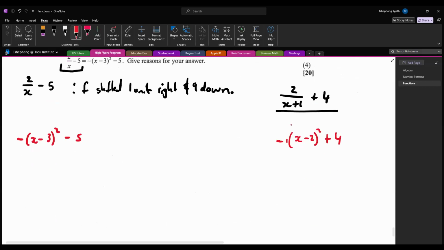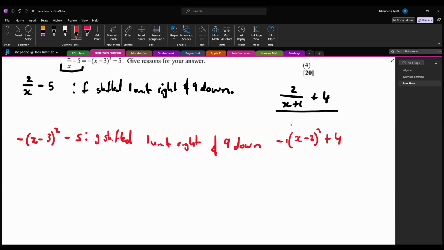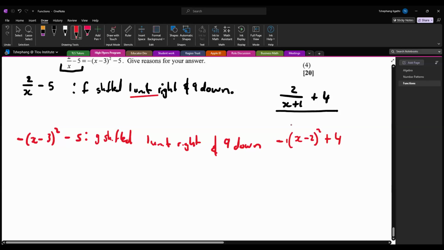Now let's talk about G. What's happening to G? G is shifted 1 unit right and 9 down. So as you can see, 1 unit right, 1 unit right, 9 units down, 9 units down. So we did the same thing.